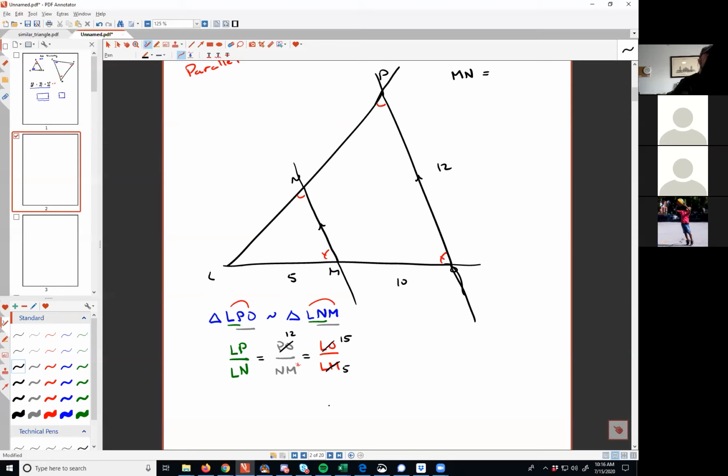And now we have an equation that we can solve with two of the three ratios. We can cross multiply and get 12 times 5 equals NM times 15. So what's NM? 4. And that's our answer. Any questions or thoughts about this?